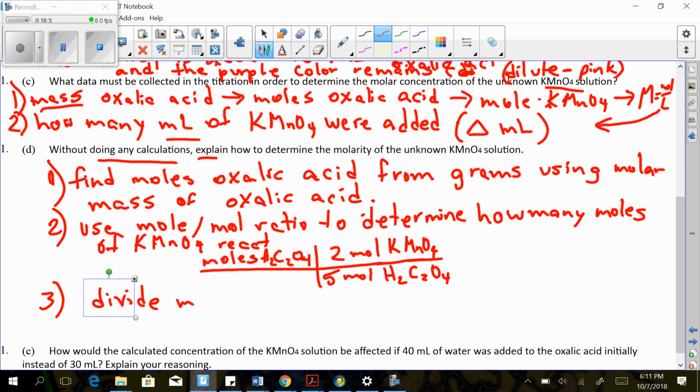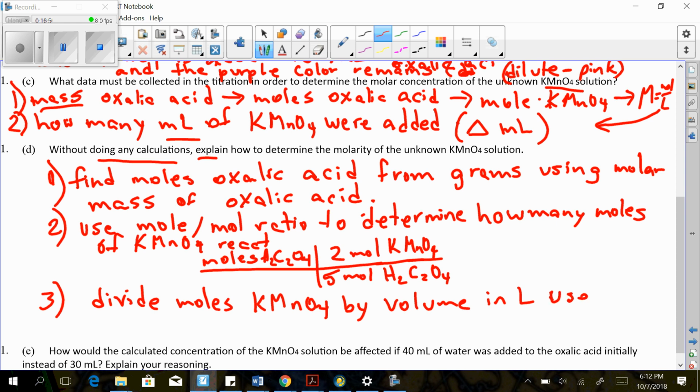So divide the moles potassium permanganate by the volume in liters that you used. And you want the amount that you had to reach the end point.